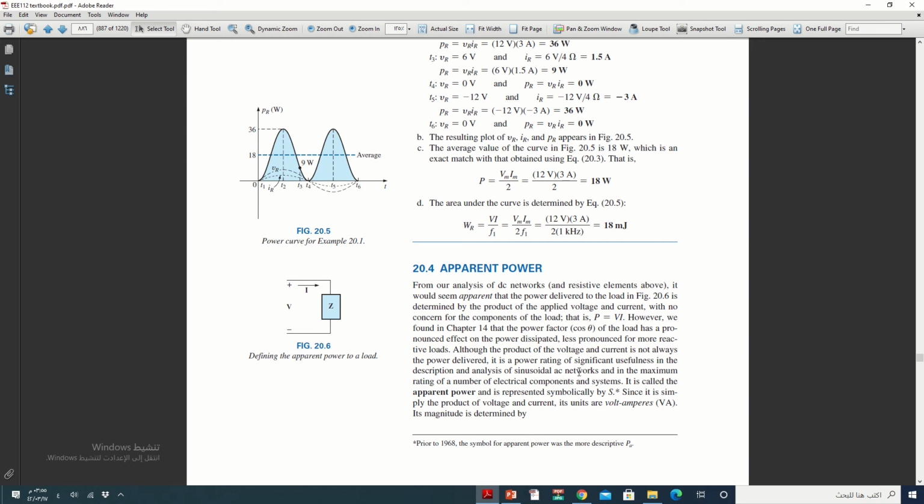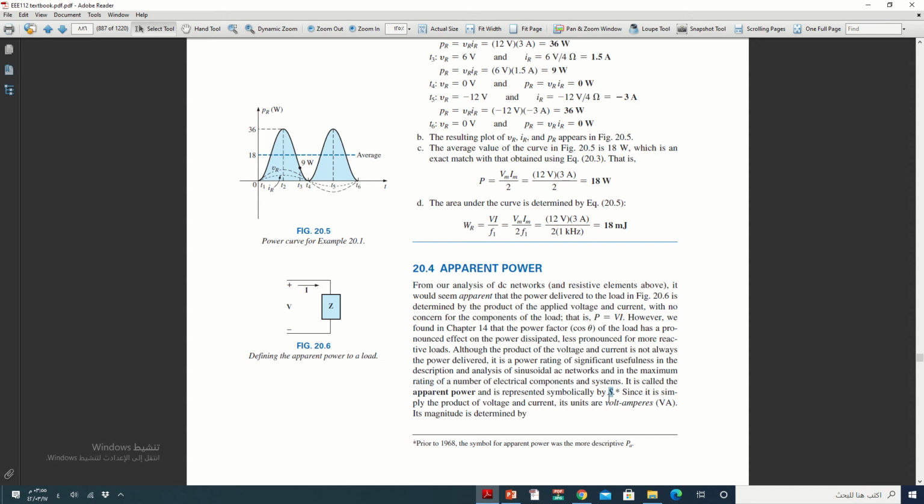If you see here, it's written: it is a power rating of significant usefulness in the description and analysis of sinusoidal AC networks, and in the maximum rating of a number of electric components and systems. It is called apparent power and represented symbolically by S.